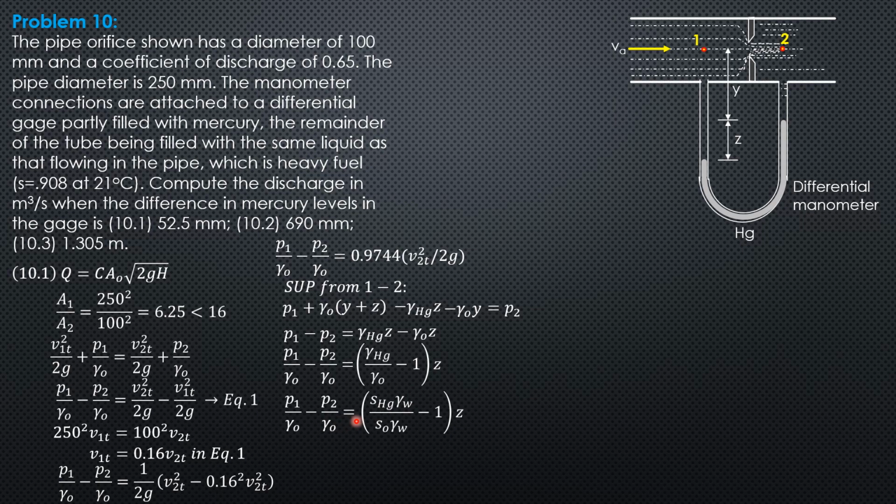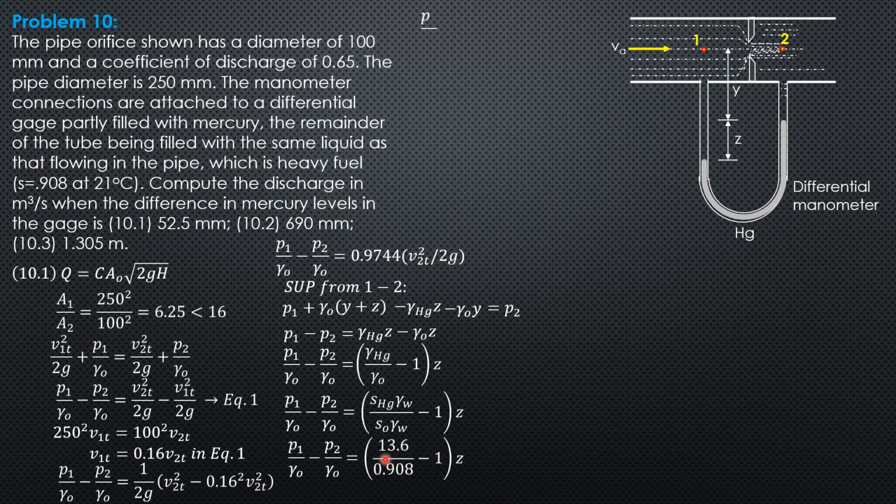Therefore, the formula is P1 over gamma of oil minus P2 over gamma of oil equals 13.6 divided by 0.908 minus 1 times Z.